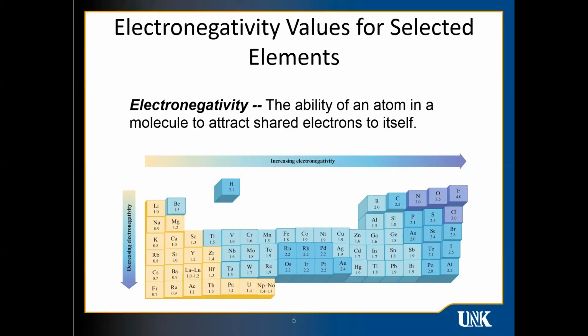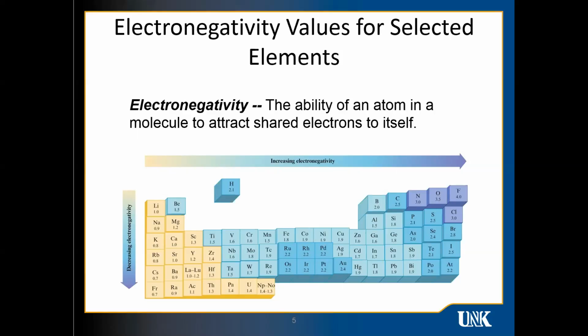We don't count the noble gases, so all those helium, neon, and so forth, since they all have completely filled electron shells and don't form very many compounds, we ignore those in the electronegativity table. So that makes fluorine the most electronegative atom, and it has a value of 4.0. So that's defined as part of the scale.